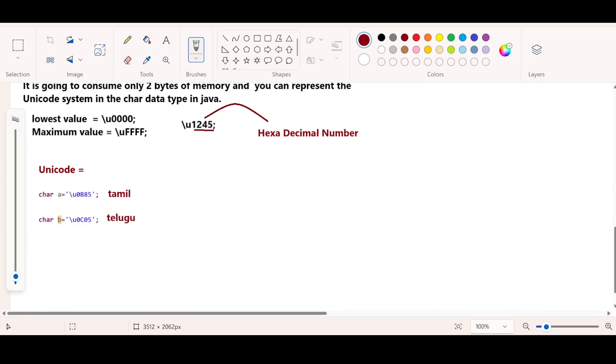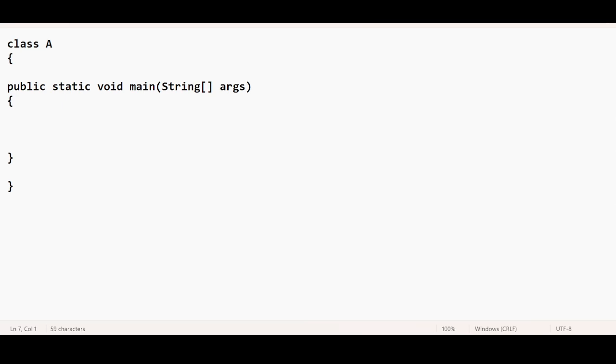Now if you ask me, sir, you are saying that character is a data type which stores an English character, but at the same time it can also store a Unicode, and it can also store a number. To understand that, let me take a character. Focus here.